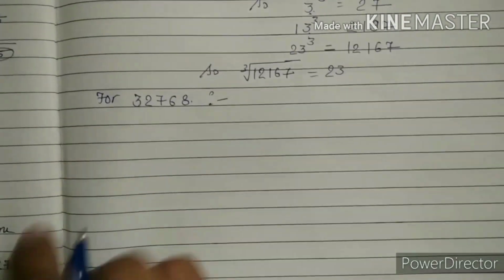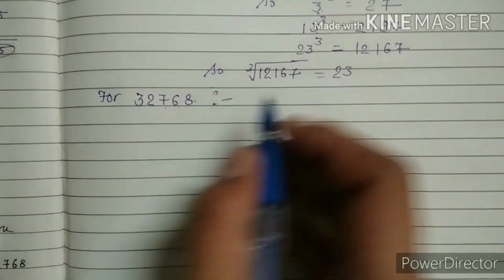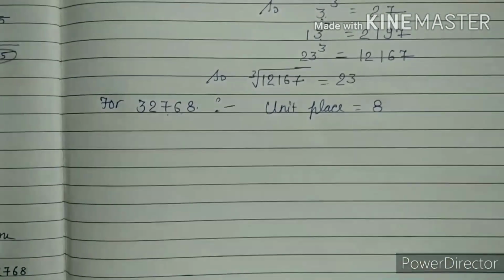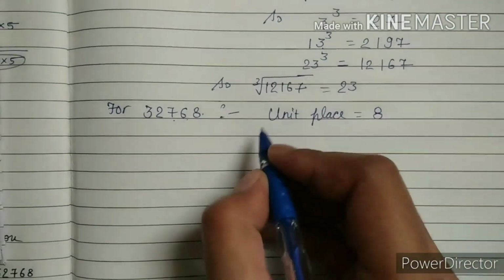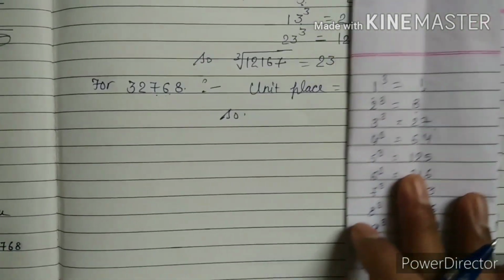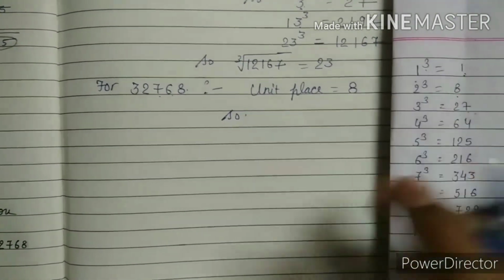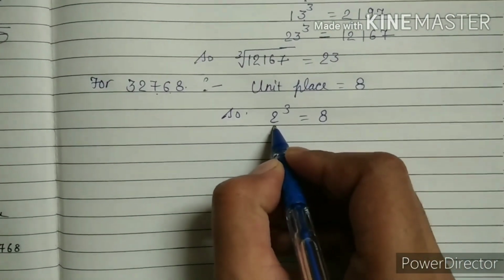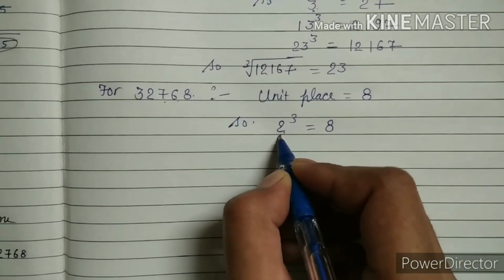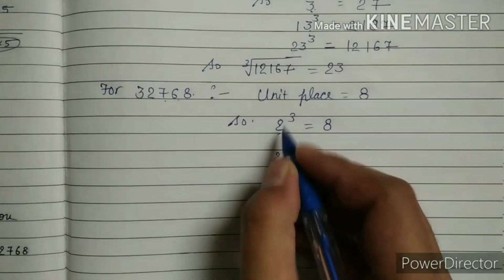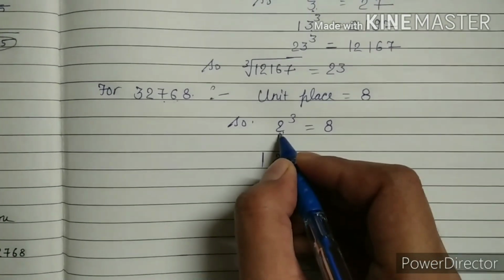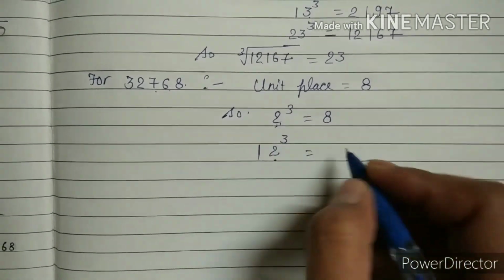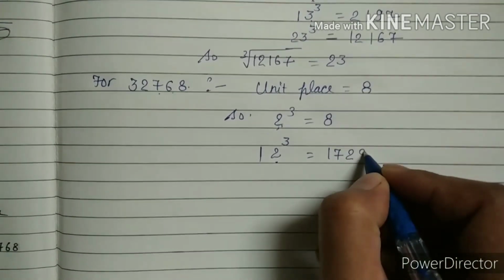Same as the last, we have 32,768. Its unit place is 8. The first number having unit place 8 in its cube is 2. 2 cube is 8. The next number having 2 on the ones place is 12. 12 cube is 1728.